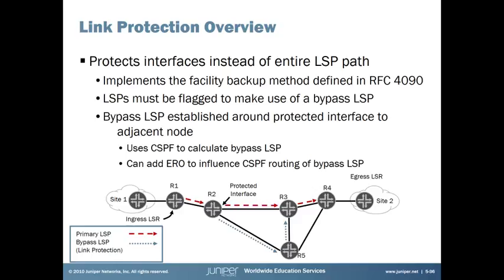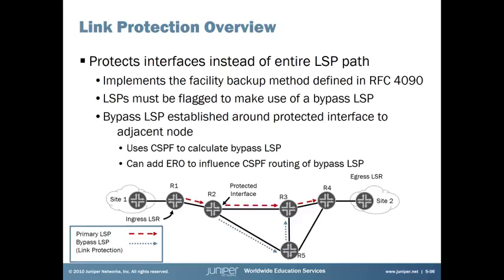The bypass LSP is established around the protected interface to the adjacent node. This is what's called link protection. So in this case we're protecting the interface on R2 that connects to R3, and also the link that goes from R2 to R3. That may perhaps be an optical fiber cable that could potentially span many kilometers, and could potentially be damaged or dug up or whatever.